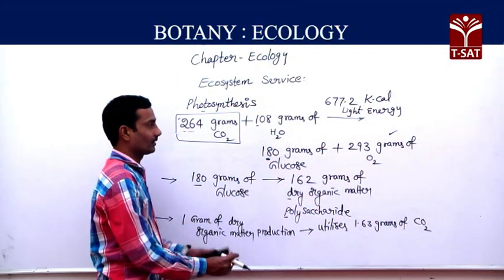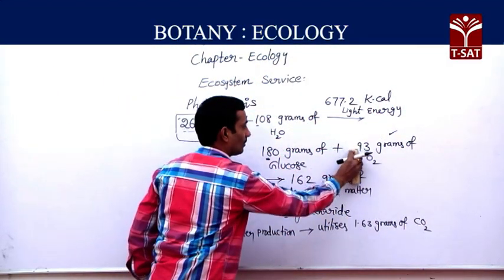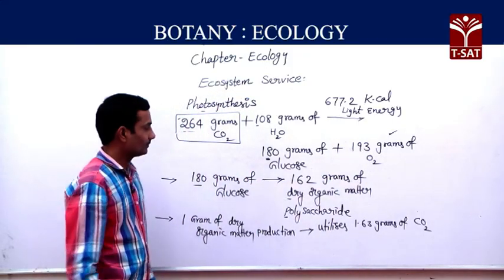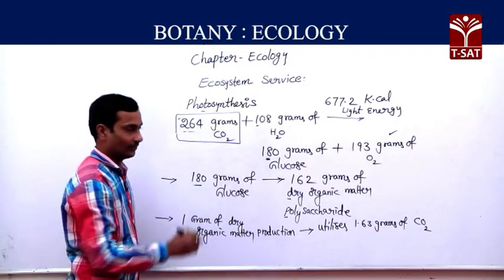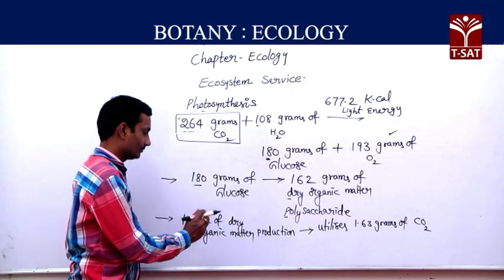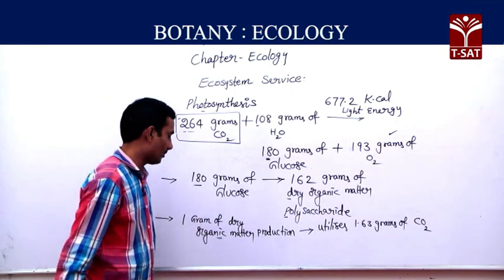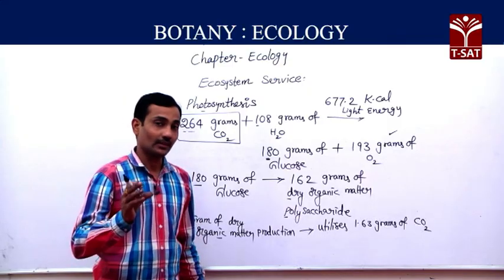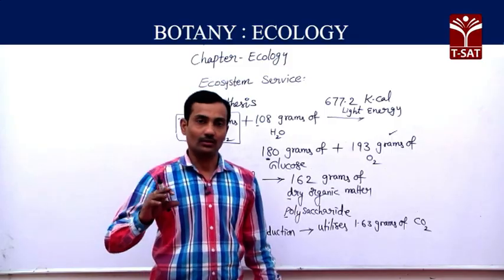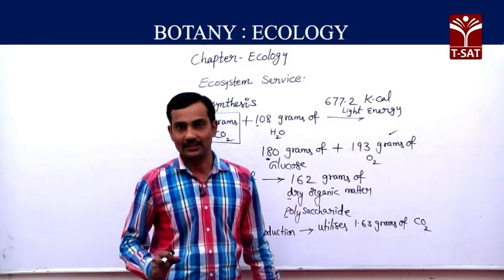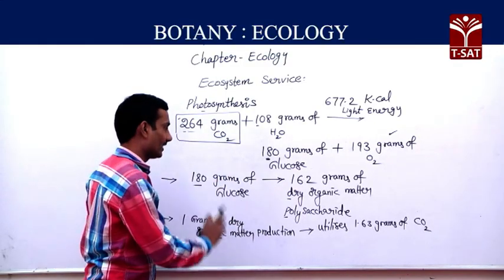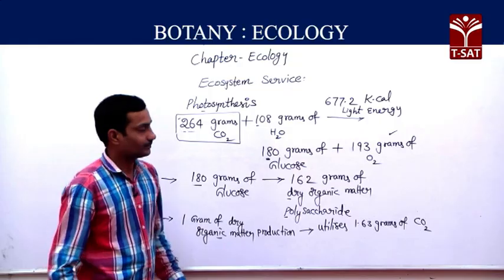So here it is a mistake, 193 grams of oxygen. So if you observe this chart carefully, we can understand that to produce 1 gram of dry organic matter, they utilize 1.63 grams of carbon dioxide. So a bulk amount of carbon dioxide is taken from the atmosphere by the plants to prepare dry organic matter.